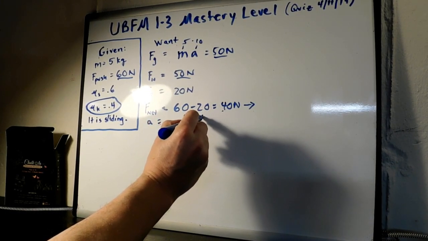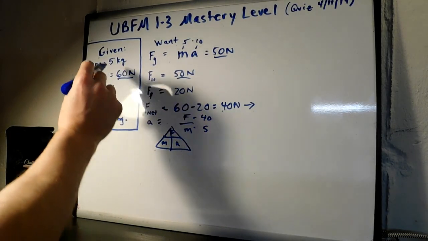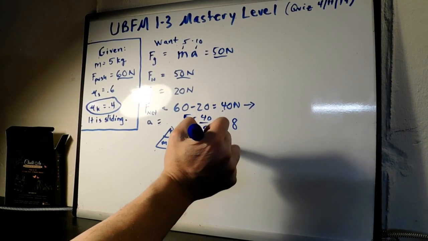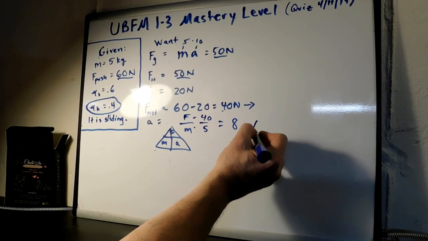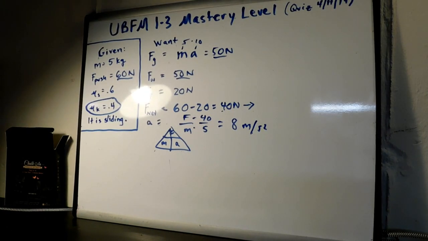The force is 40, and the mass is 5, which is in our given. 40 divided by 5 equals 8. We're being asked to find acceleration, so that's 8 meters per second squared. That's how to do the mastery problems for UBFM 1 through 3 from our quiz 41119.